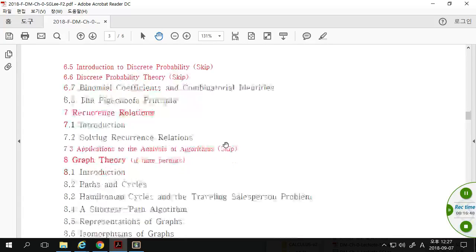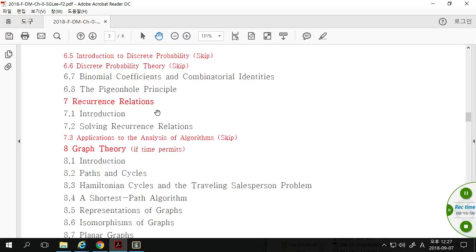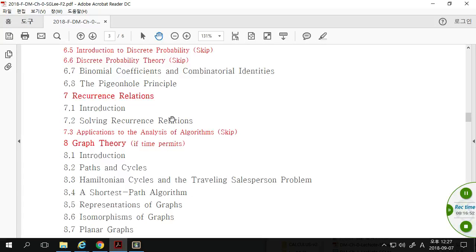In chapter 7, recurrence relations, including the Fibonacci sequence and many others, and how to solve the recurrence relations will be covered.